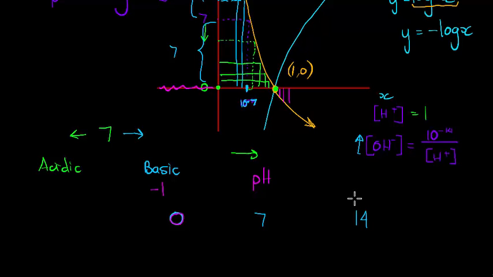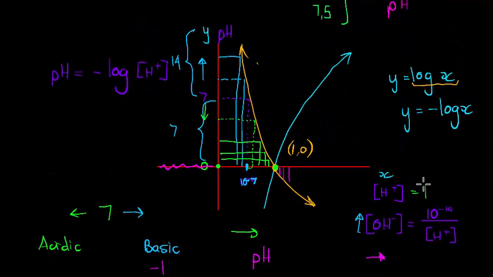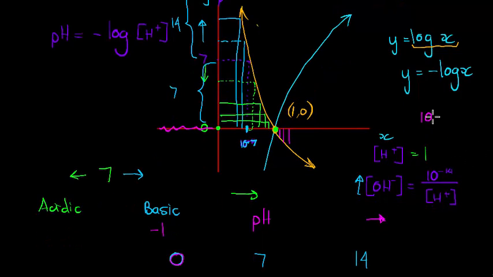Most, if not almost all, of our solutions will be 14 or less, but it could be more. There's nothing that stops it from being more, because if we can decrease the hydrogen to be less than 10 to the power of -14, then we will have a pH that's greater than 14.